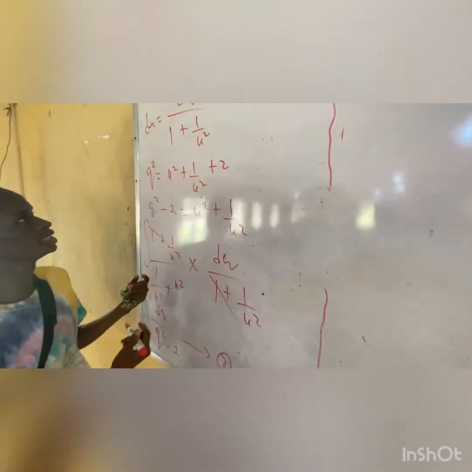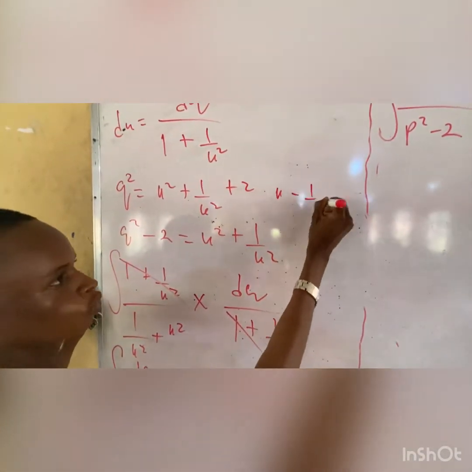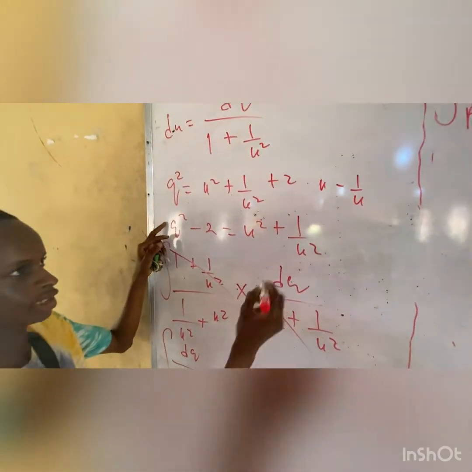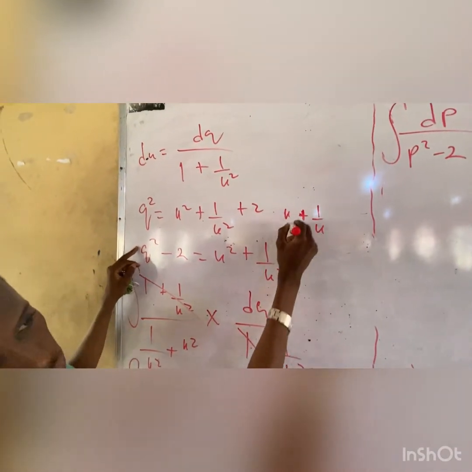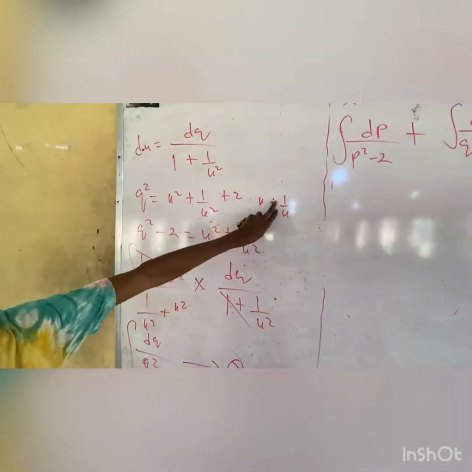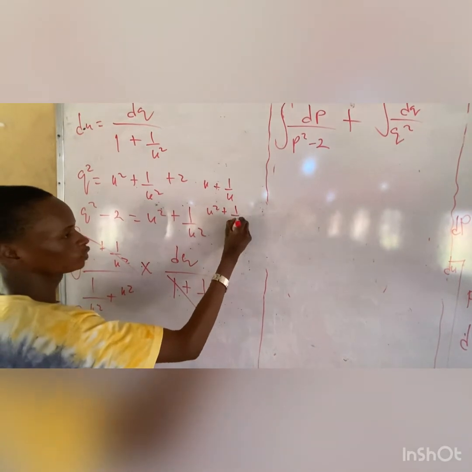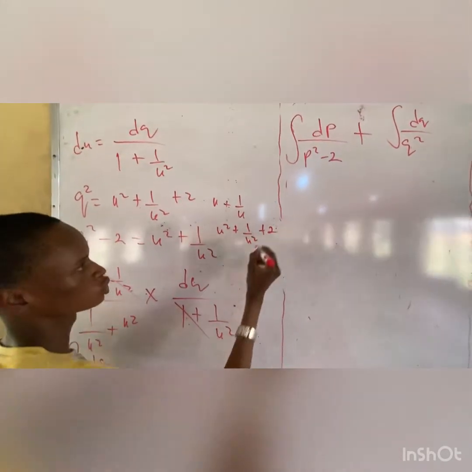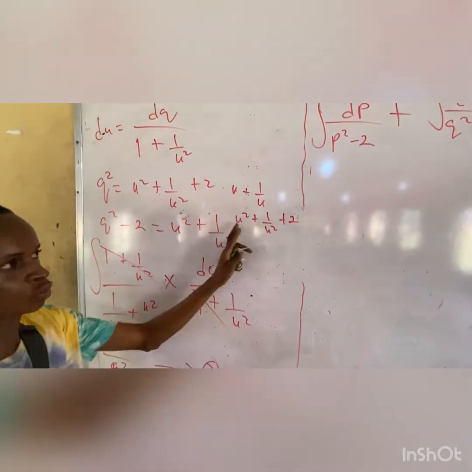So for the second integral as well, we use u minus 1 over u as q. You understand? So when we take the square root of this, okay, we use plus. The first one was plus. Squaring this, we have u squared plus 1 over u squared plus 2. If it is plus, we are going to have this.